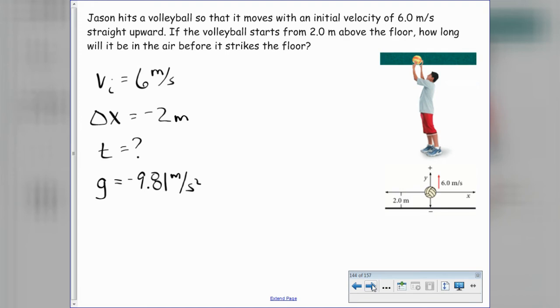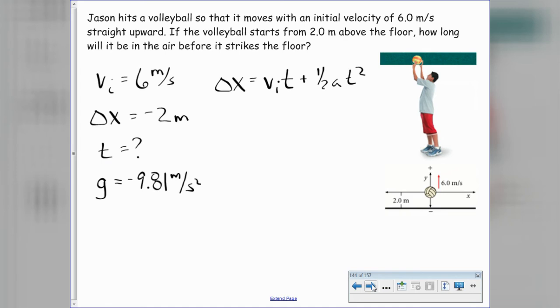So we are going to use displacement equals initial velocity times time plus half a t squared. That's going to allow us to solve the problem, but it's not solving for time directly. We're going to have to rearrange the equation to solve for it. It's still okay. We can definitely do that.